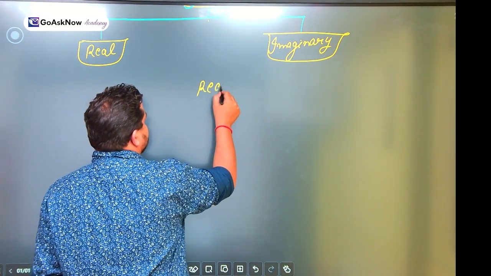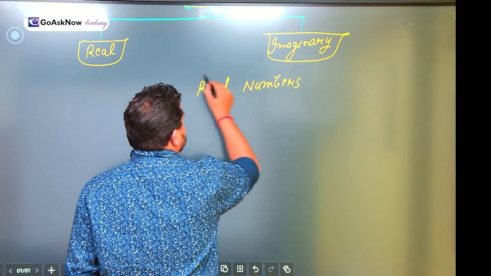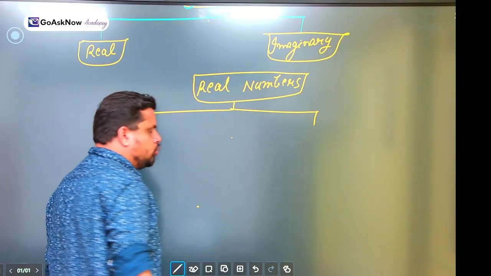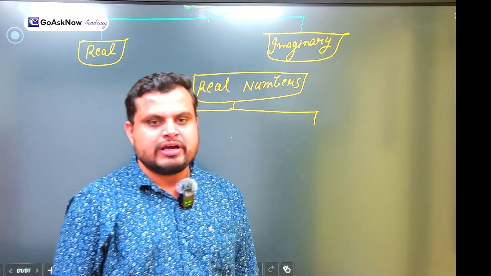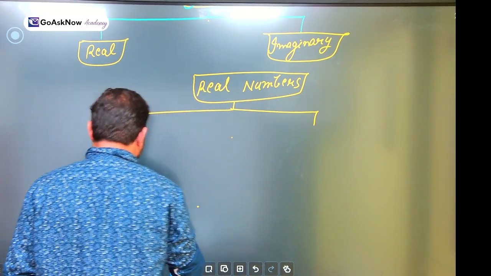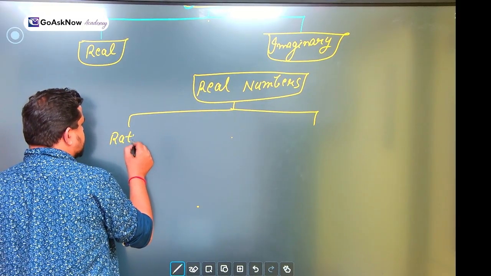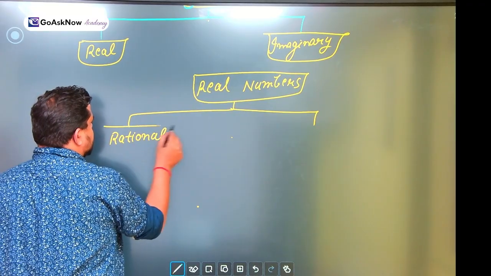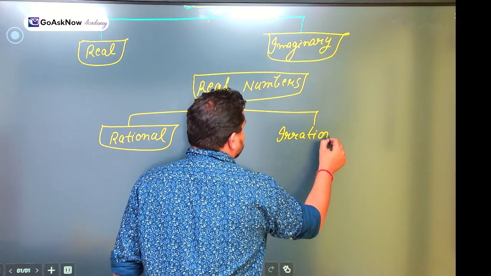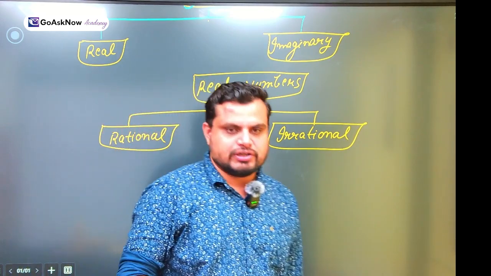Now, the classification of real numbers. Real numbers get divided basically into two parts. This classification you have studied in class 9th as well. For students who don't know, let's discuss in brief: real numbers get divided into rational numbers and irrational numbers.